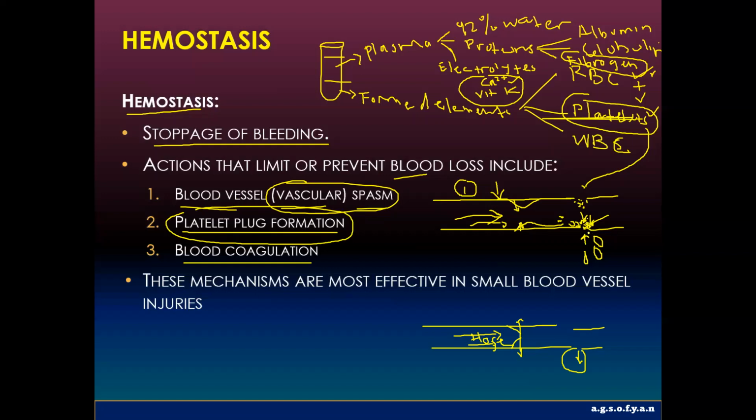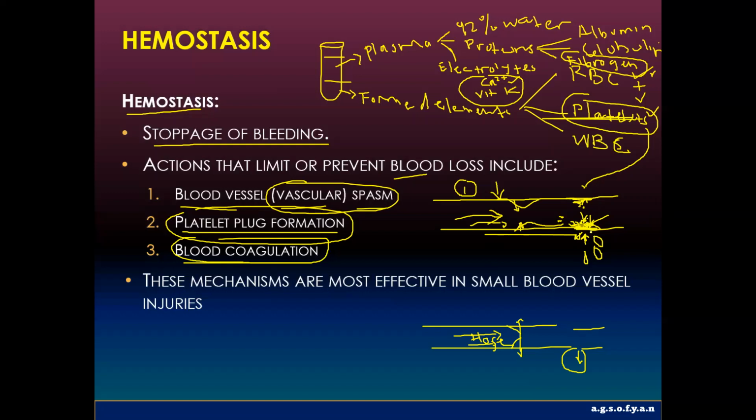And then after it is plugged, of course, the blood is still leaking, but slowly. So we need to seal this leaky area. And this is the third process. It's called the blood coagulation.